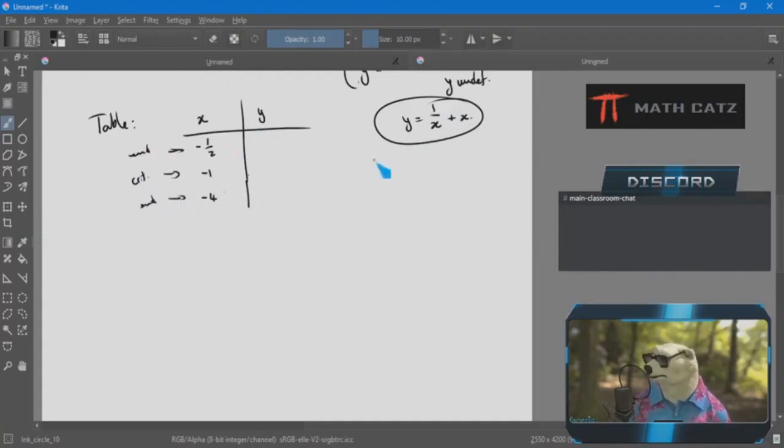We find some y values. Let's see what we get here. I'll do the -1/2 one. So that's a -2 plus another -1/2. That's -2.5. Oh, let's do decimal maybe. It doesn't really matter. No, it's a fraction.